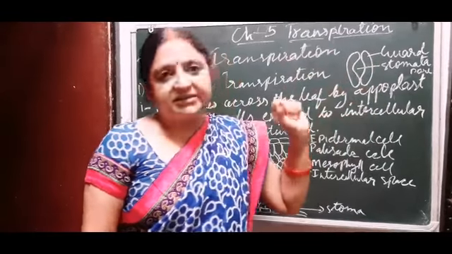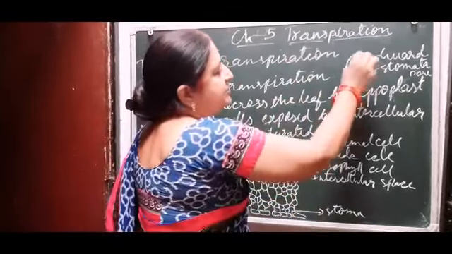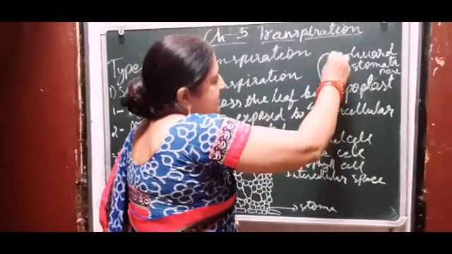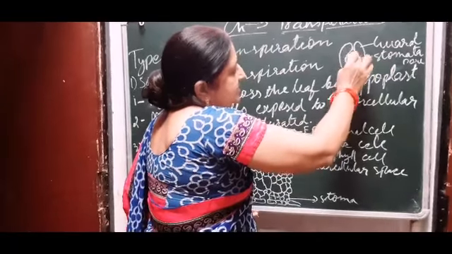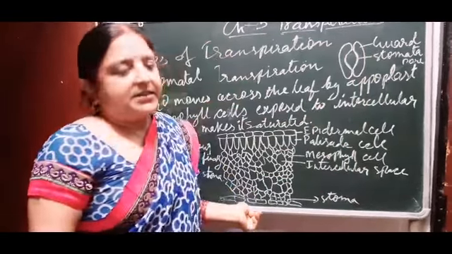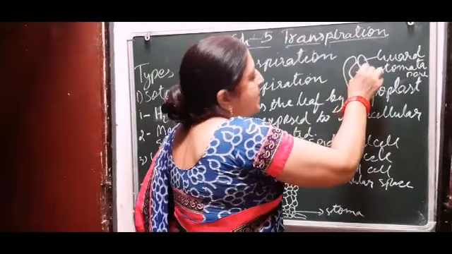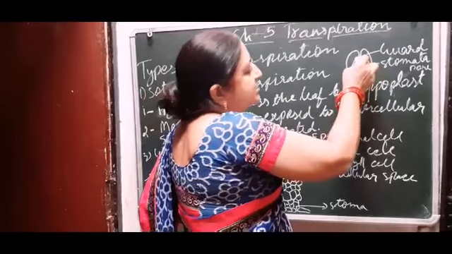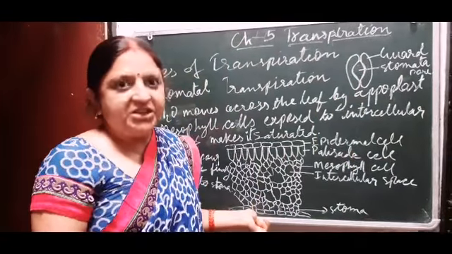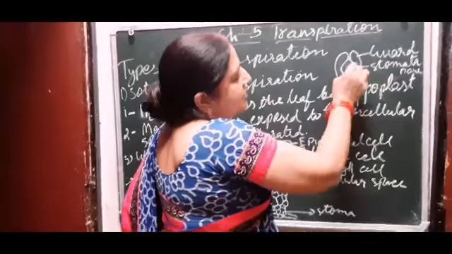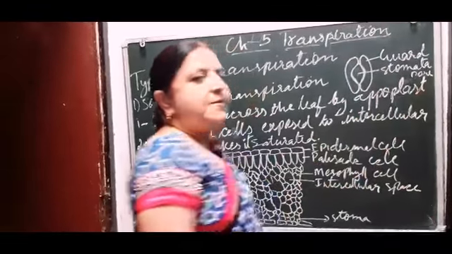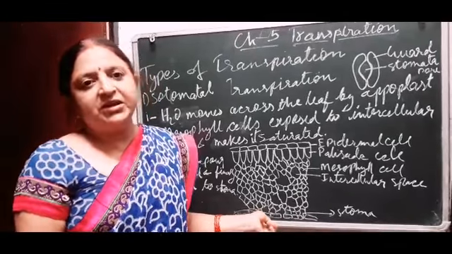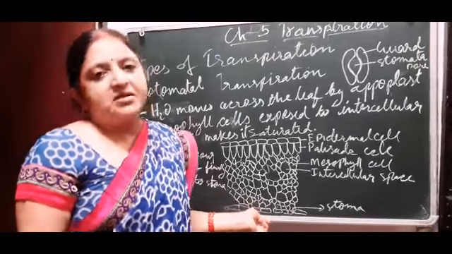This portion between the guard cells is open and in contact with the atmosphere, and this opening is called the stoma. Singularly it is called stoma, and plurally it is called stomata.